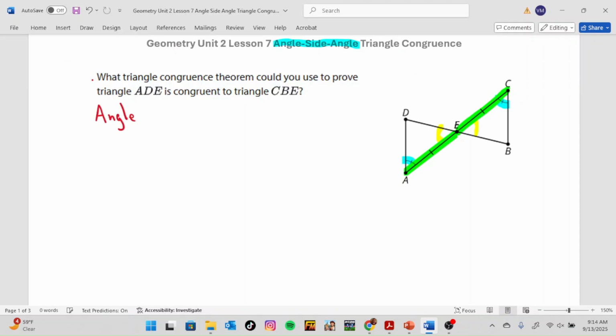So angle, side, angle congruence theorem.